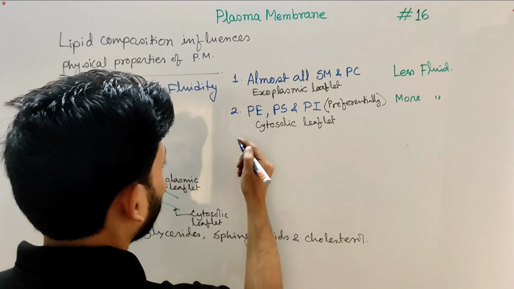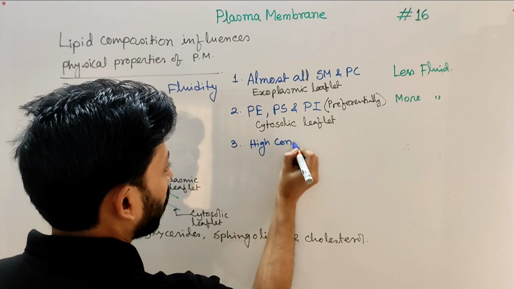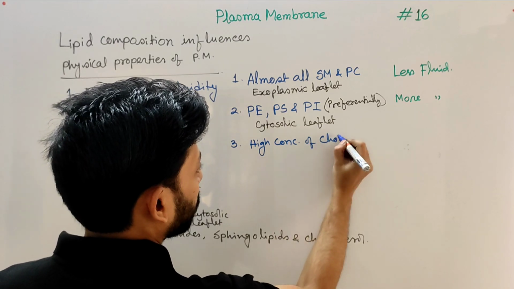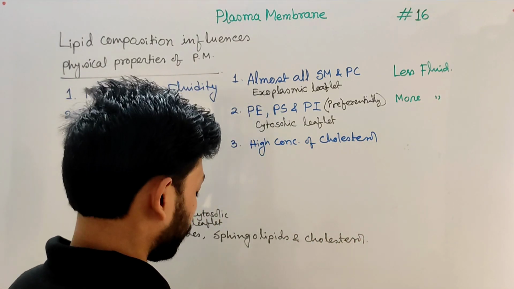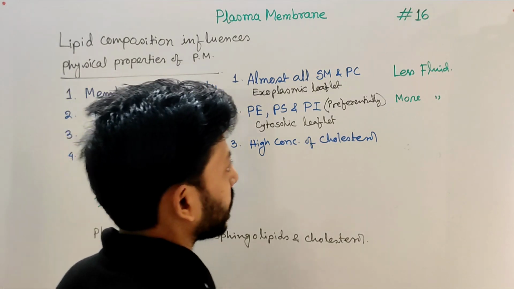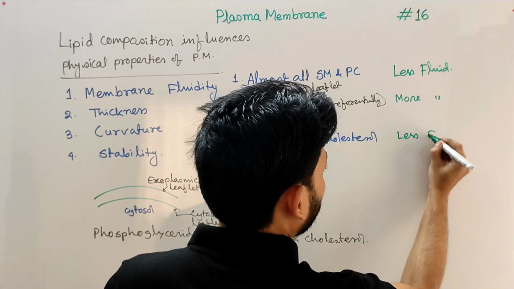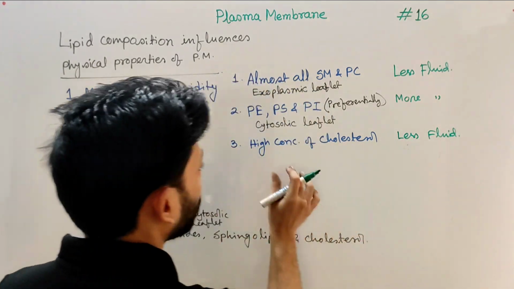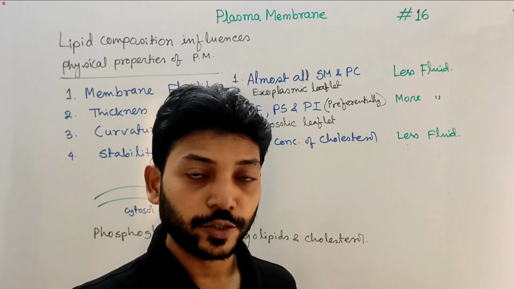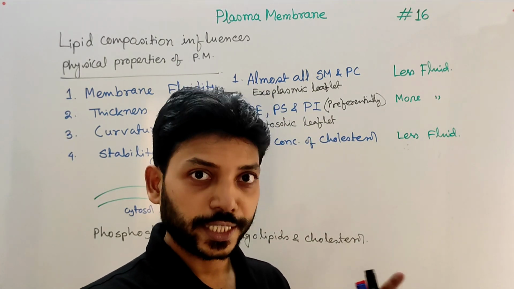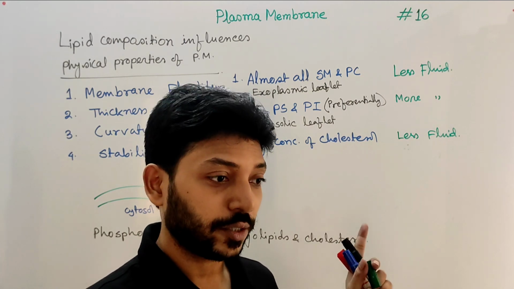Another point you can remember, third, is that high concentration of cholesterol that is present in the natural plasma membrane makes the membrane less fluid. Why? Because cholesterol has a steroid ring that can intercalate with the lipid molecules surrounding the cholesterol, and it tends to immobilize the lipid molecules.